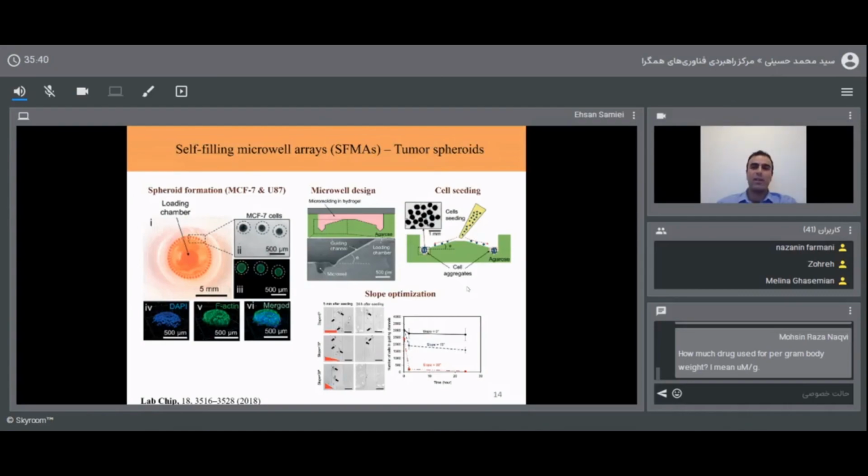Therefore they are more biomimetic to the human body when compared to monolayer cell cultures.